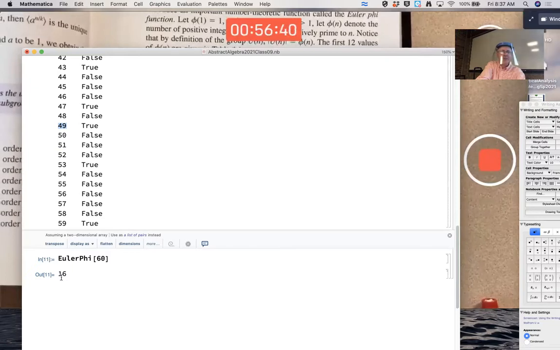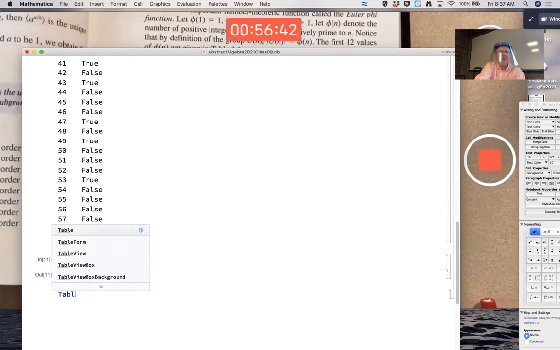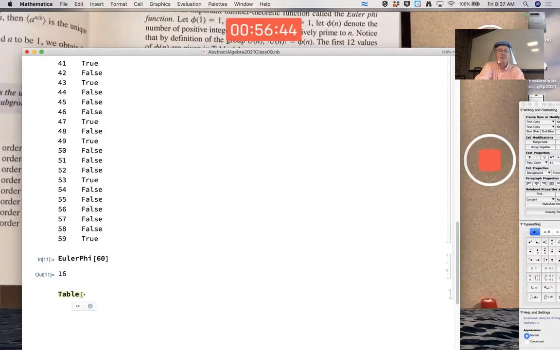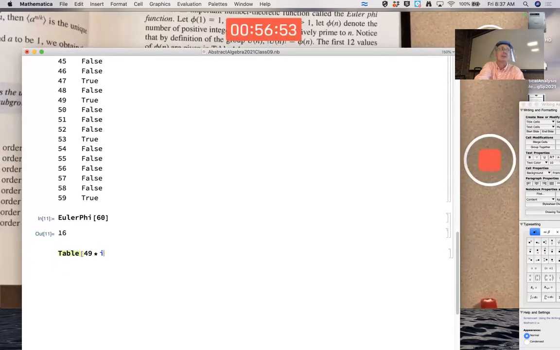Could we confirm that with Mathematica? We could, yeah, we could use Table and look at the multiples of 49. 49 times i, not 49 to the ith power, because I'm thinking about Z60 here, which is addition. It's not going to be until I get to i equals 60 that I'm going to get a 0, 0 being the additive identity of Z60.